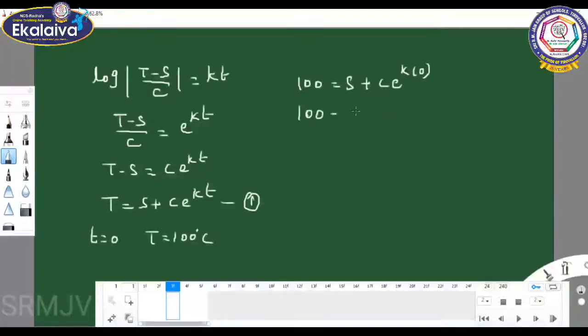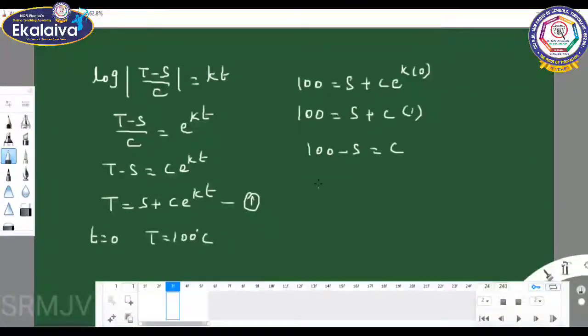So 100 equal to S plus C, since e power 0 is 1. So 100 minus S equal to C.